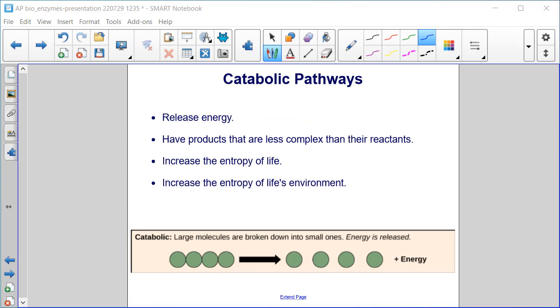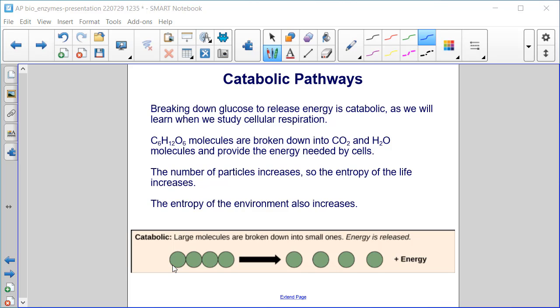Catabolic pathways release energy, have products that are less complex than their reactants, increase the entropy of life, and increase the entropy of life's environment. Simply, catabolic pathways are when large molecules are broken into smaller ones with a release of energy.